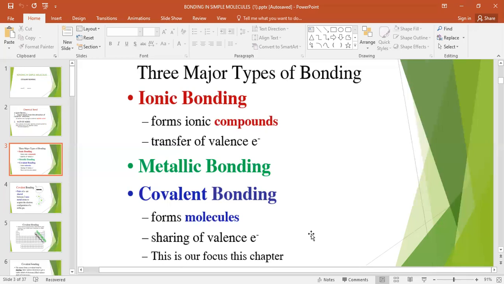And nitrogen, N triple bond N, nitrogen shares three electrons in its outer shell, so we get triple covalent bonding: single, double, triple. It depends upon the number of electrons. Here it is written, sharing of valence electrons. What do you mean by valence?